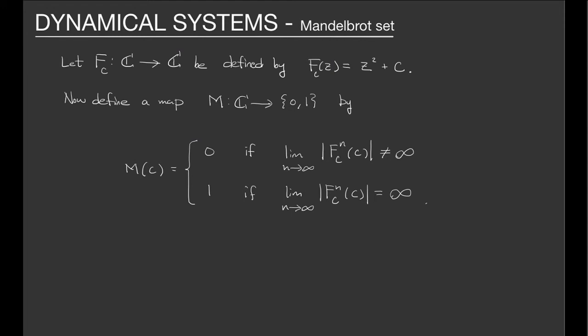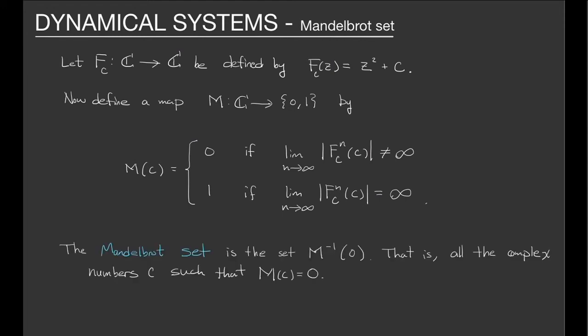It could never settle in on a given number. But so long as it does not go to infinity, we then say c is assigned to 0. If it does go to infinity, then we say it's assigned to 1. So it's binary. It's assigned to 0 or 1, depending on whether, as you iterate, it's bounded, it doesn't go off to infinity, same thing, or it does go off to infinity.